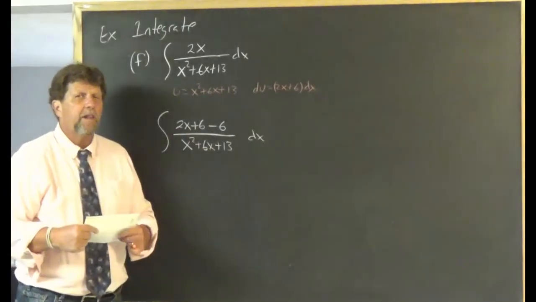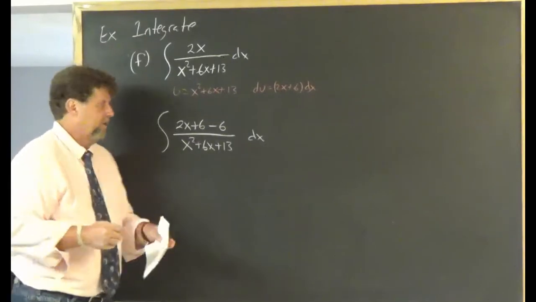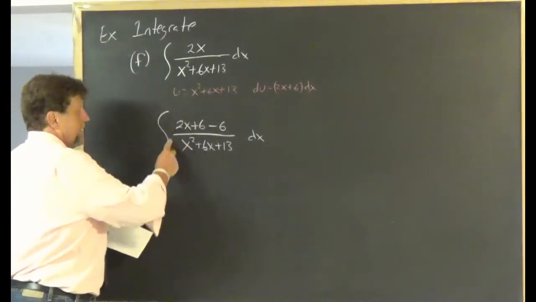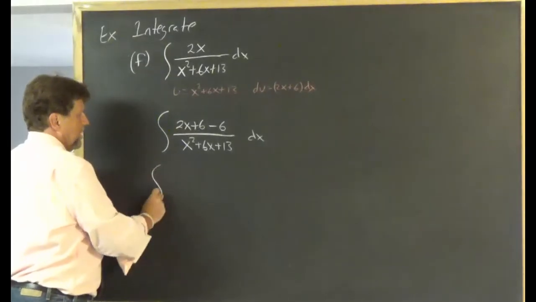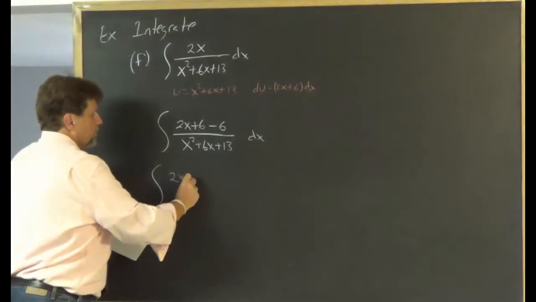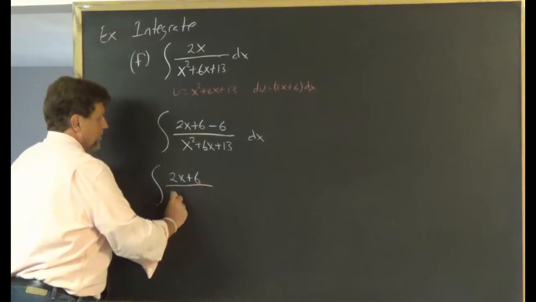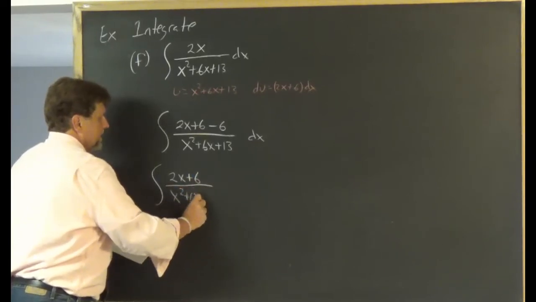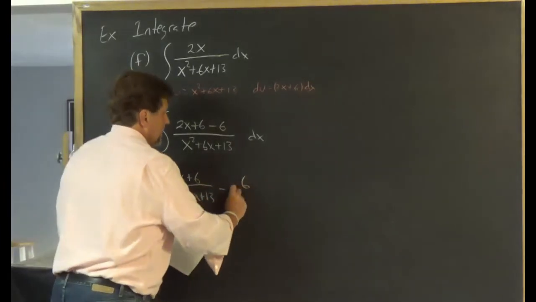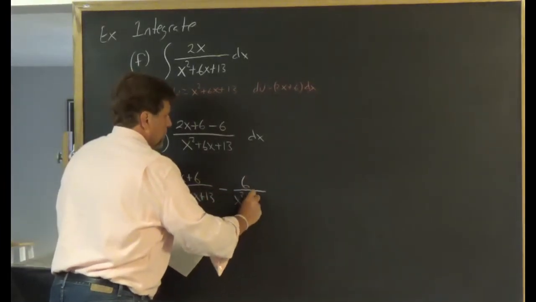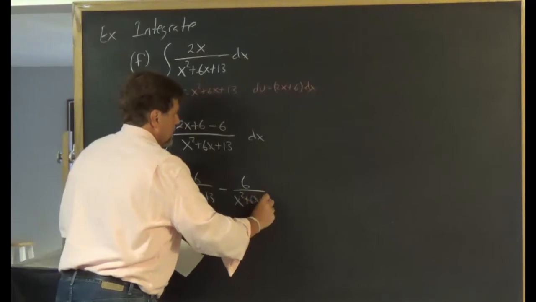And that allows me to split this into 2x plus 6 over x squared plus 6x plus 13 minus 6 over x squared plus 6x plus 13.